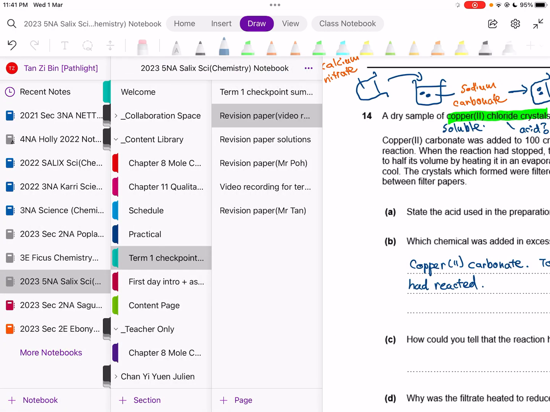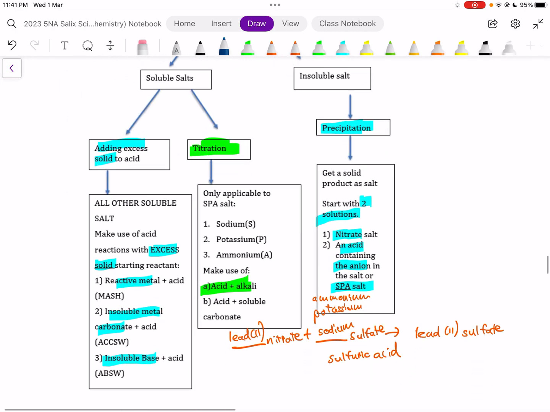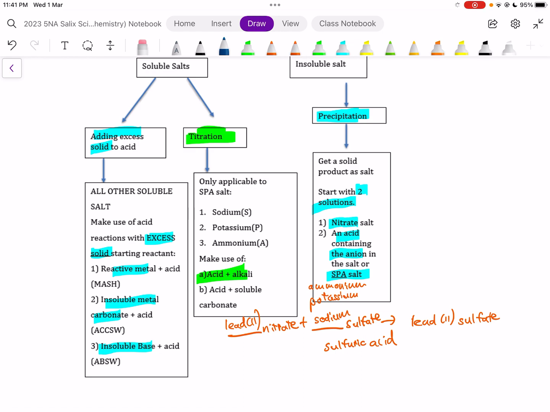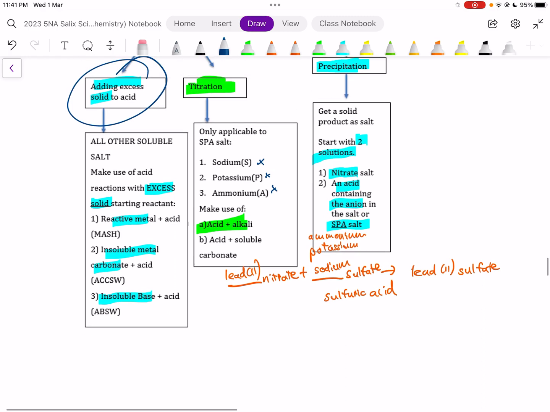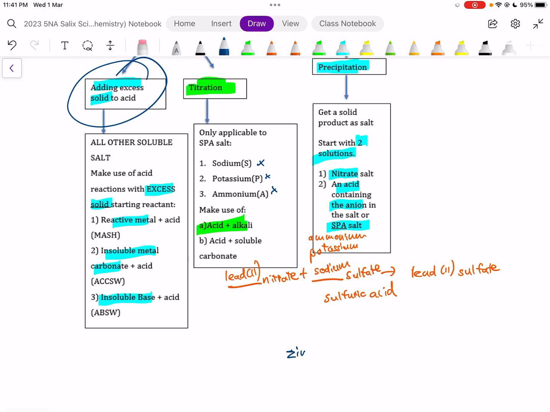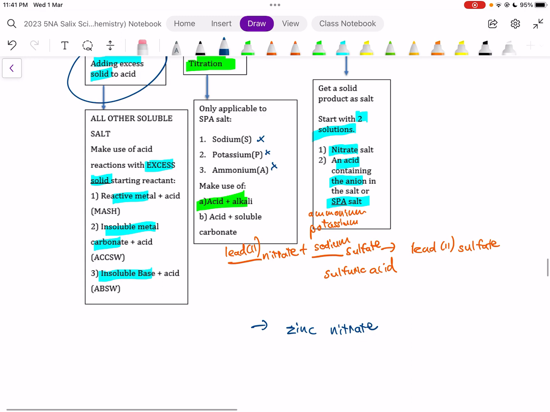Then how do I decide? If it's a soluble salt but not a spa salt, you use adding excess solid to acid. For example, let's say you want to prepare zinc nitrate. Zinc nitrate is a soluble salt that's not spa, so you add it into acid. The second word tells you about the acid, the first word tells you about the metal, the base, or the carbonate.